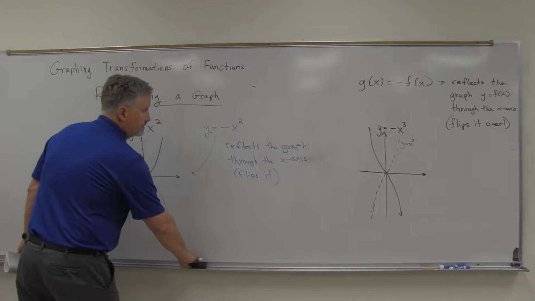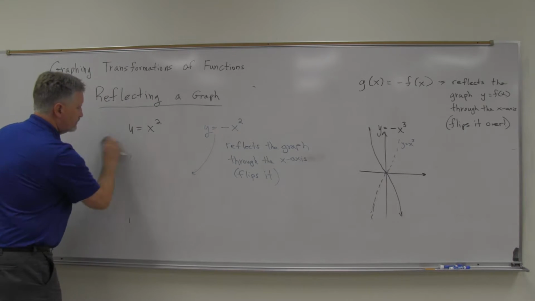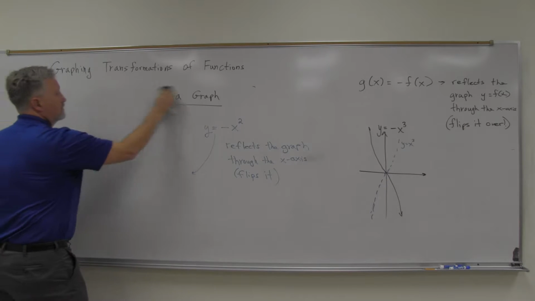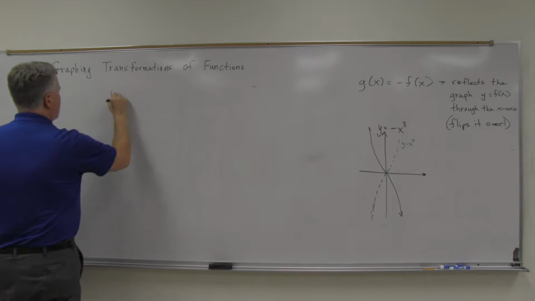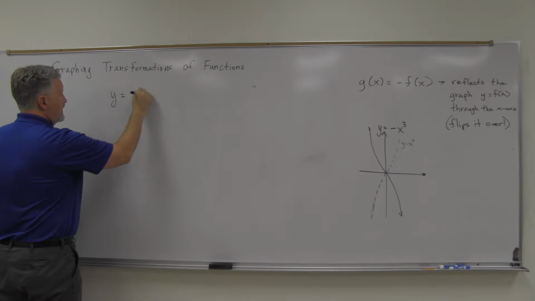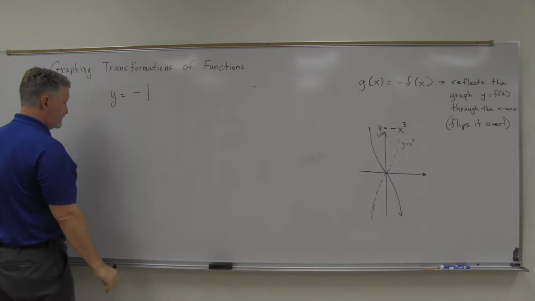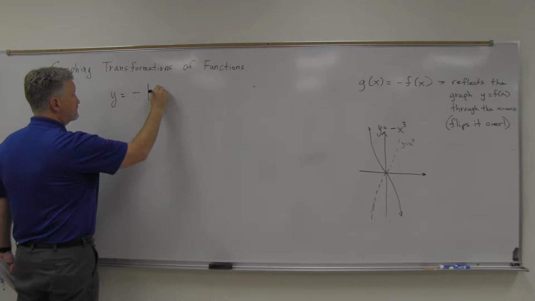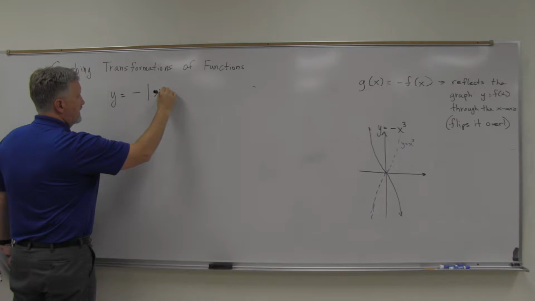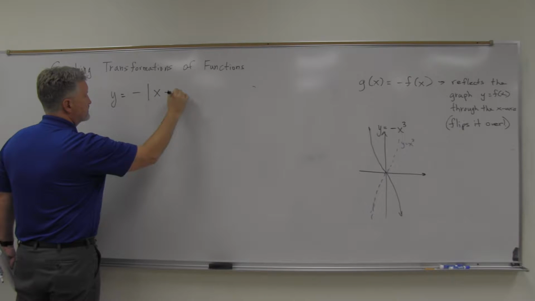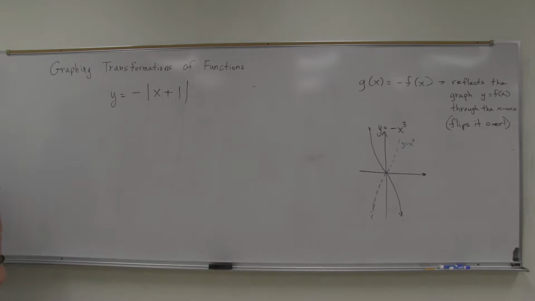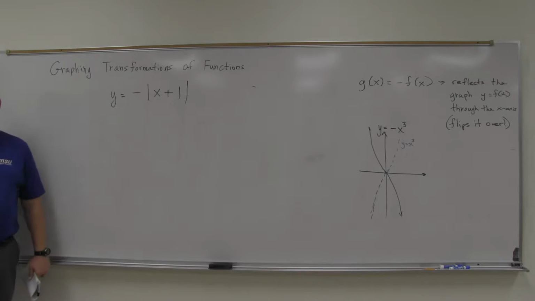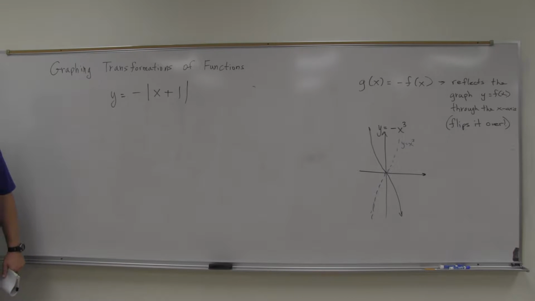Now, what would this be? y equals the negative absolute value of x plus 1, the negative of the absolute value of x plus 1.